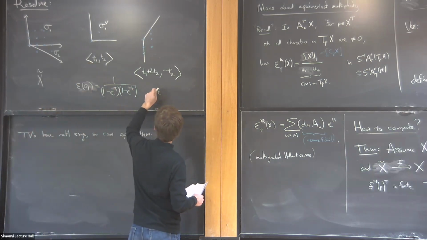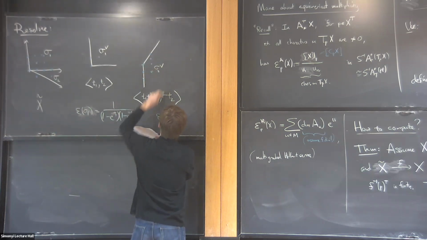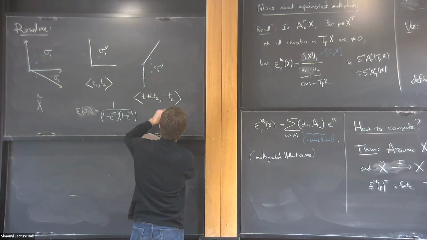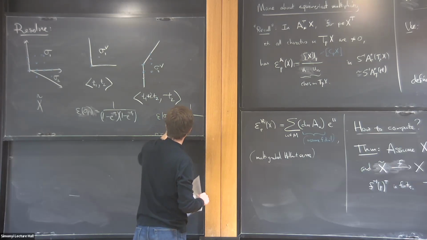And for sigma 2, the same kind of thing: 1 over 1 minus e to the minus (T1 plus 2 T2) times 1 minus e to the minus T2.